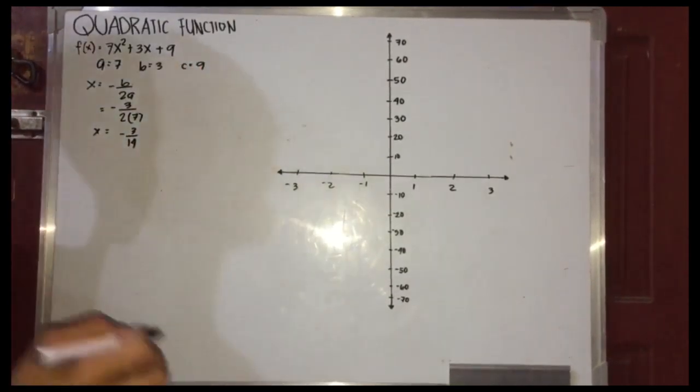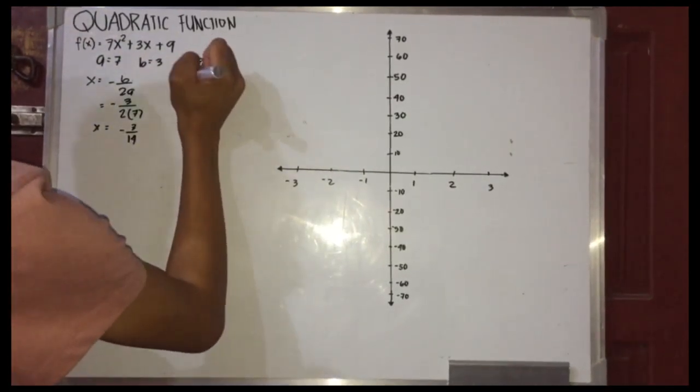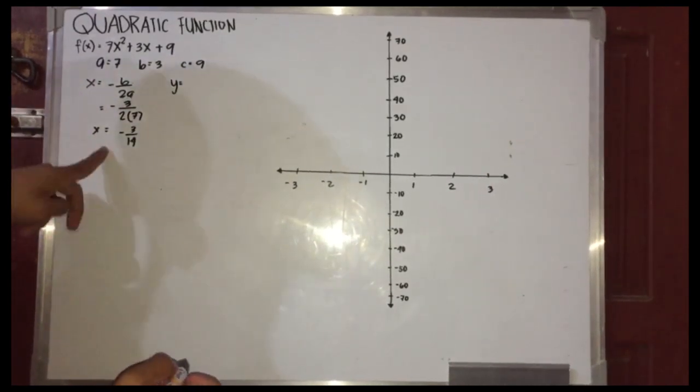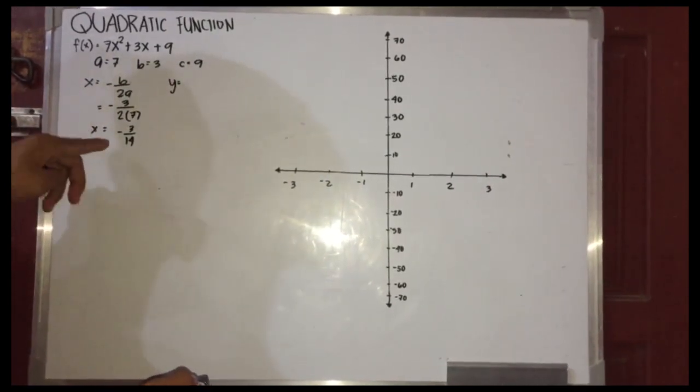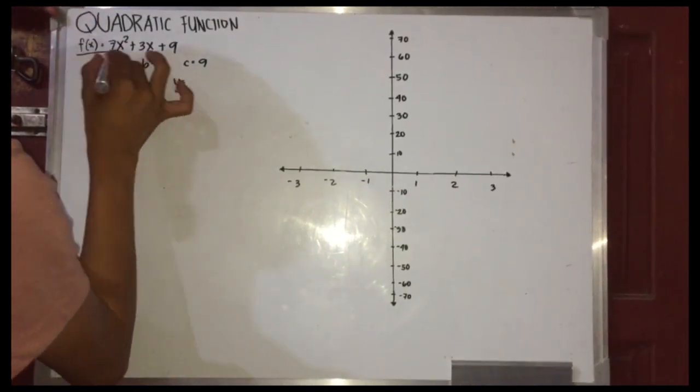In order for us to find our y-coordinate, you simply substitute the value of x, which is negative 3 over 14, into the original equation.